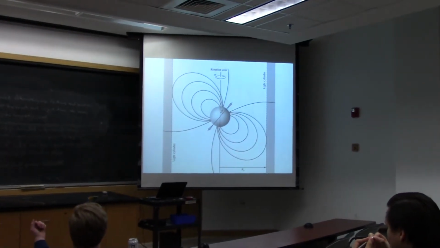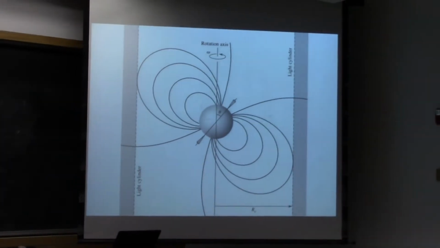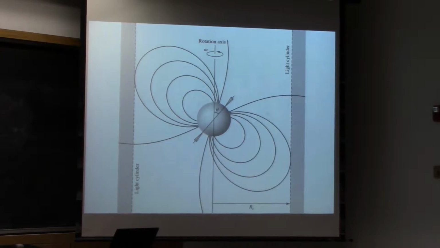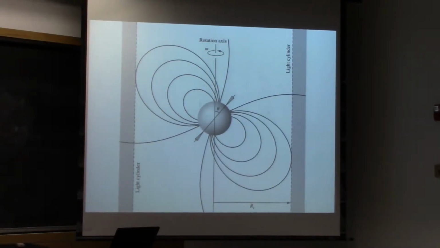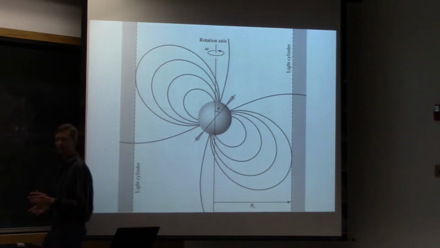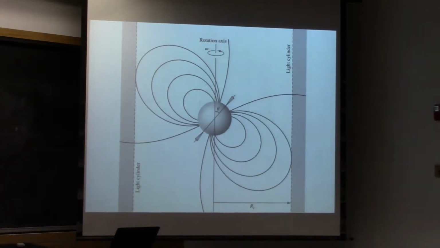All right, so now let's talk about the light cylinder, this figure right here from your book. Imagine this is a spinning pulsar, a rapidly spinning neutron star, and we've drawn a simple dipole magnetic field there.